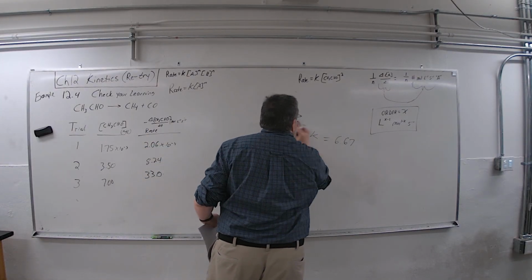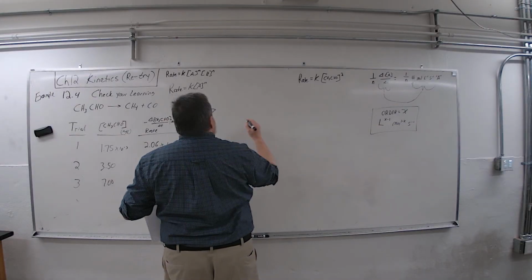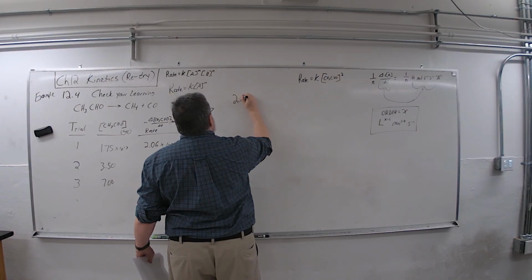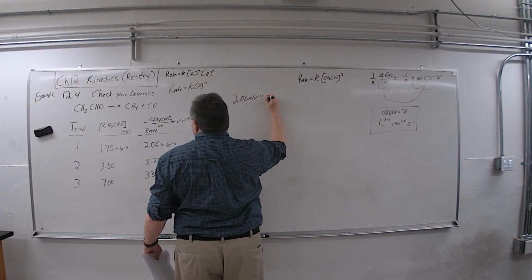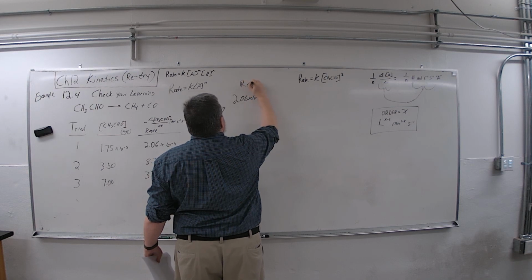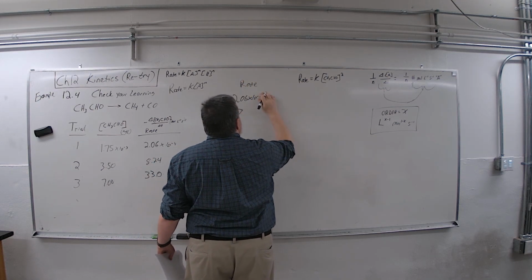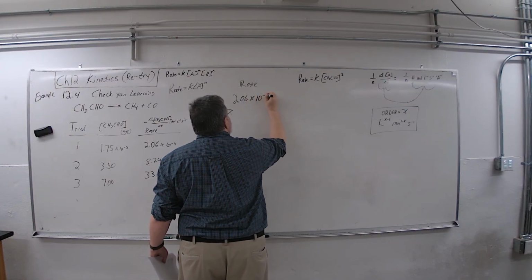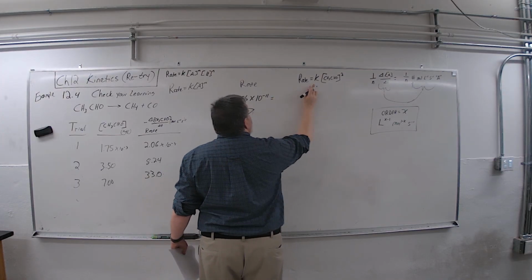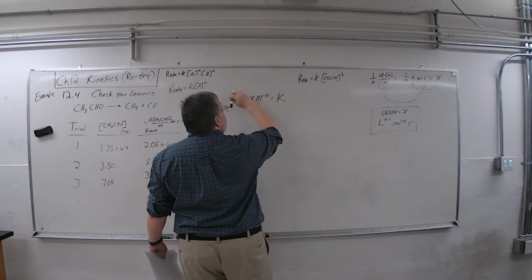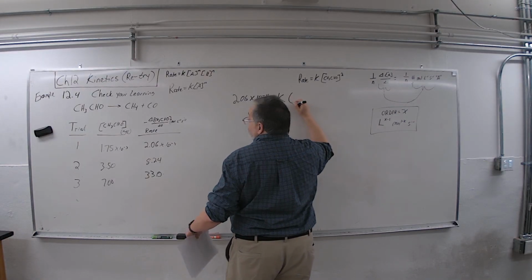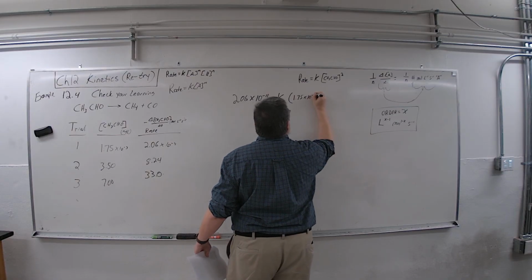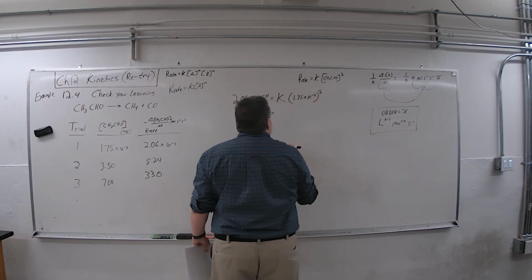Yeah, we got to include those. 2.06 times 10 to the -11, rate equals K. And then our concentration is 1.75 times 10 to the -3 squared.